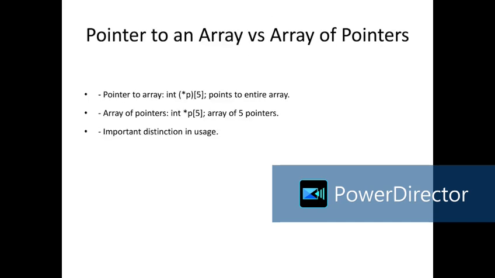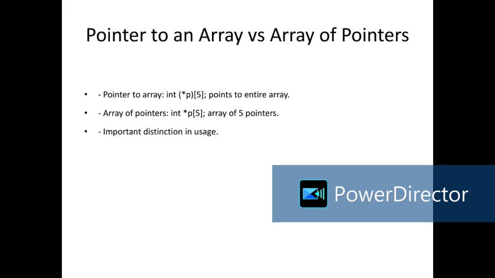Pointer to an array versus array of pointers. This slide highlights a common confusion in C programming. There is a difference between a pointer to an array, int (*p)[5], and an array of pointers, int *p[5], an array of 5 int pointers. When to use which? Use int (*p)[5] when you want to pass a 2D array row to a function.